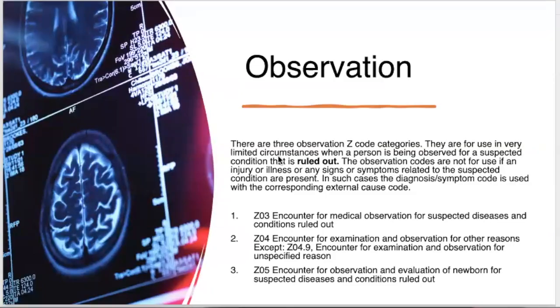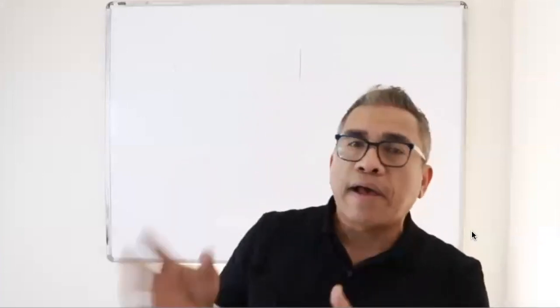Now, if we continue reading, it says these observation codes are not for use if an injury or illness or any signs or symptoms related to the suspected condition are present. So it's very clear. In such cases, the diagnosis or symptom code is used with a corresponding external cause code. Meaning that upon observation, they found out that the patient has this condition.